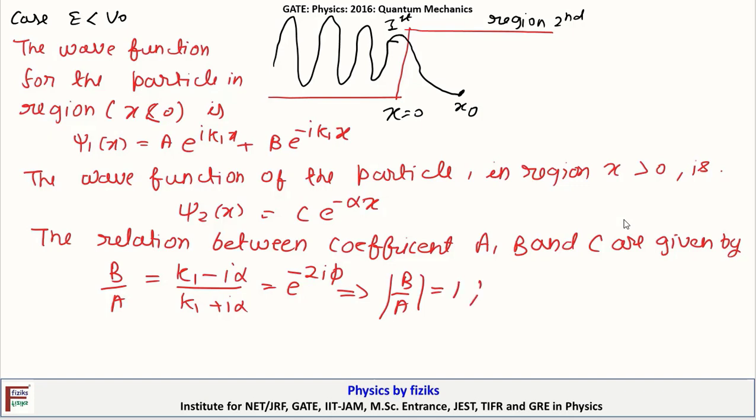That is, the reflection coefficient is equal to 1. C by A is equal to 2k1 by (k1 plus i alpha). This can be written as 2 cos phi e to the power minus i phi.